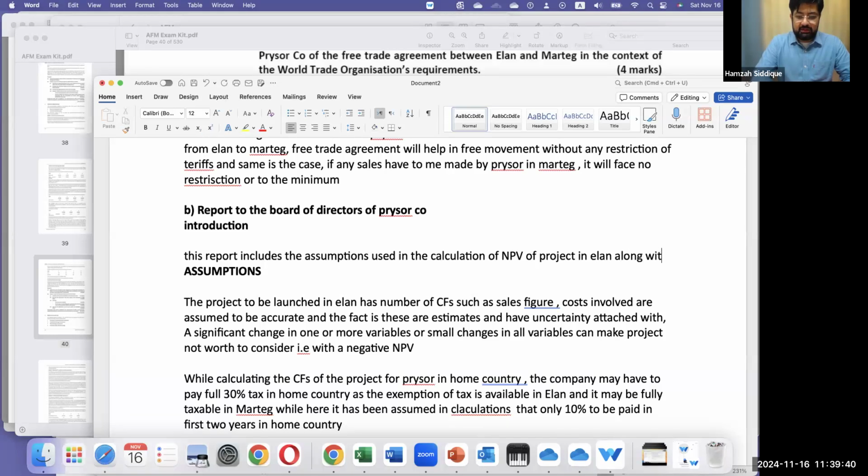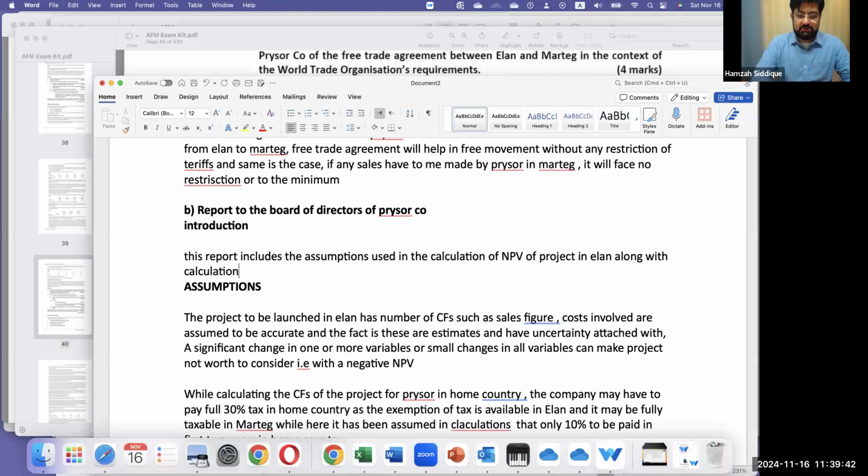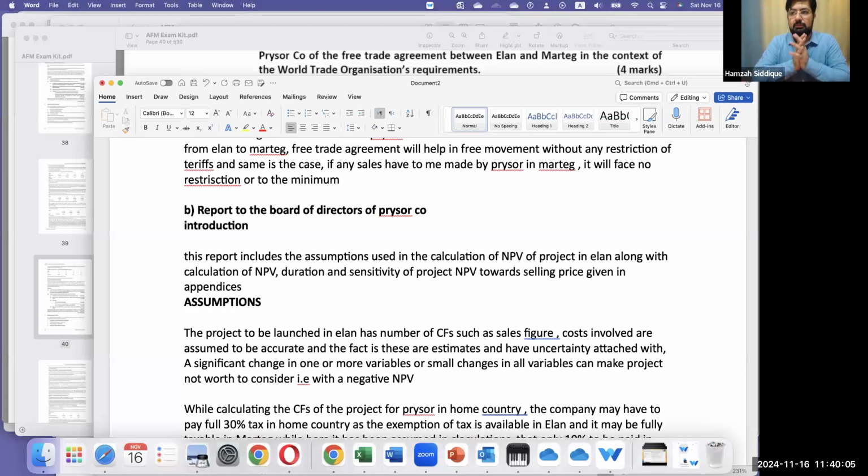Along with calculation of NPV, duration, and sensitivity of project NPV towards selling price given in appendices.